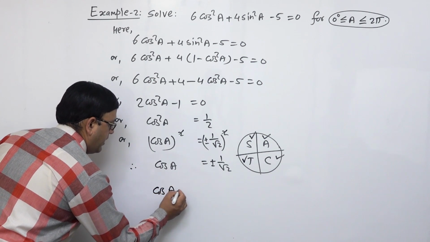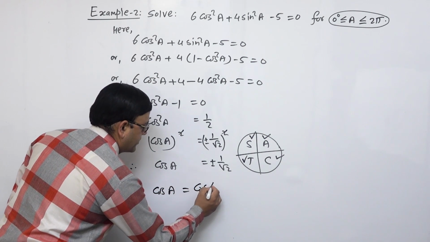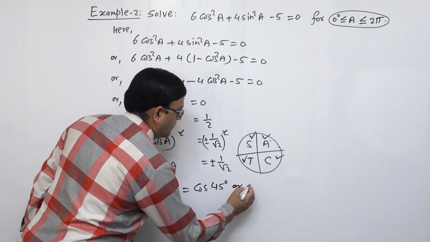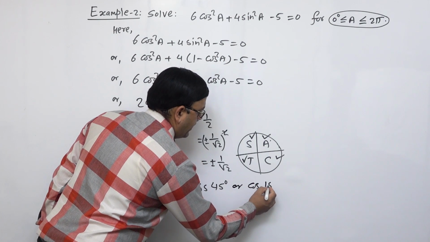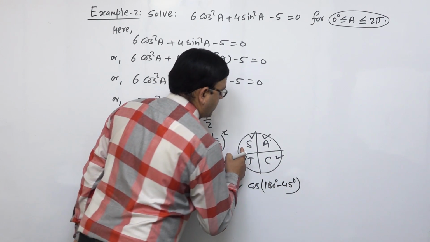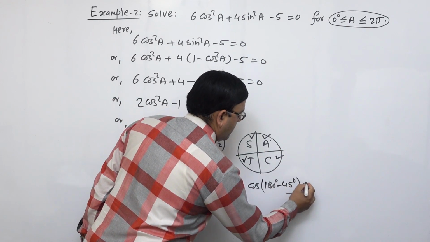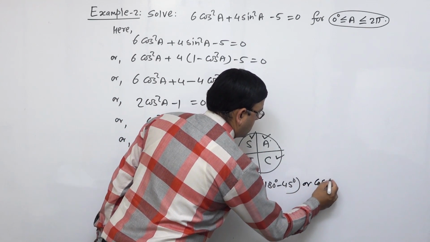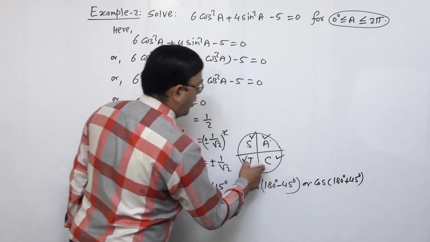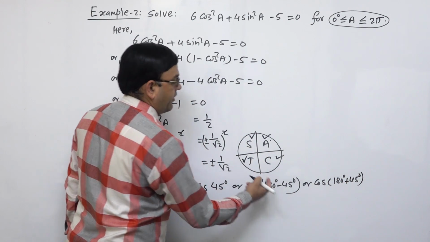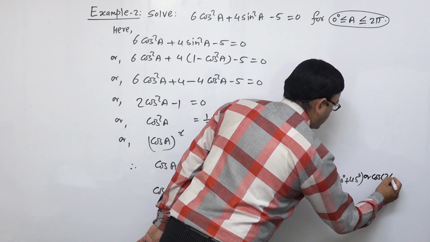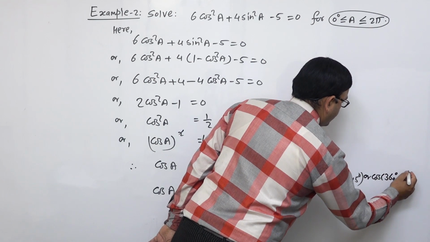So we can write like this, cos a is equal to cos 45 degree for the first quadrant, or cos of 180 degree minus 45 degree for the second quadrant. For the third quadrant we can write cos of 180 degree plus 45 degree, or for the fourth quadrant cos of 360 degree minus 45 degree.